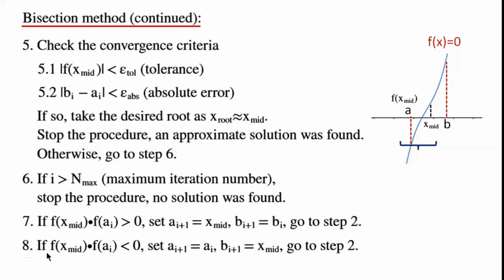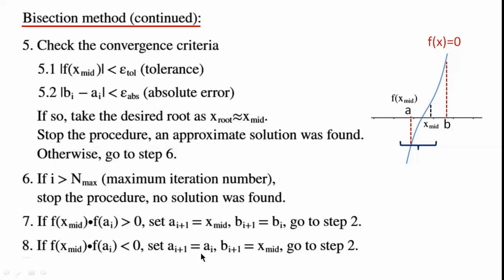If f of x mid times f of ai is less than 0, then f of x mid and f of ai must have different signs.